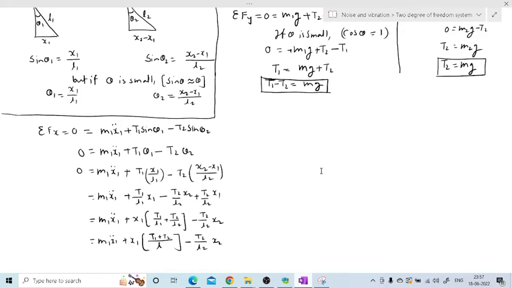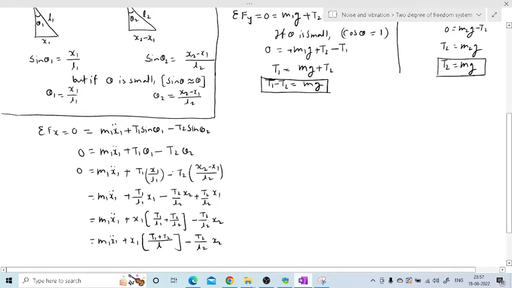So after putting the value we'll get the relation. So just check, the T2 is mg and the value of T1.